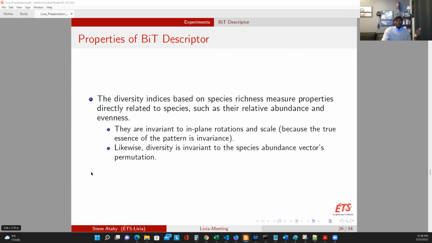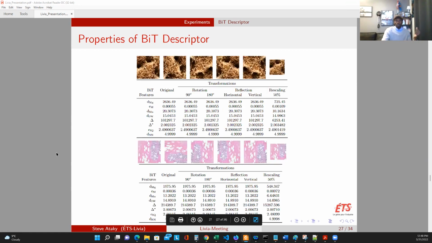Now, we are going to present here a table. We carried out some experiments just to show how we have an original image here, and after some transformations of the image, we compute the value of each index under different transformations.